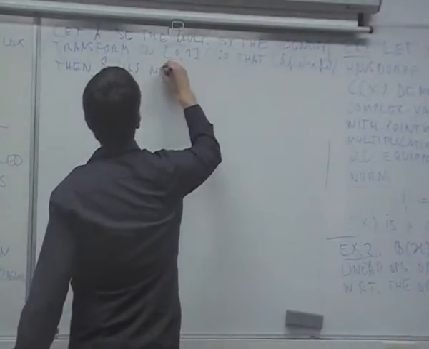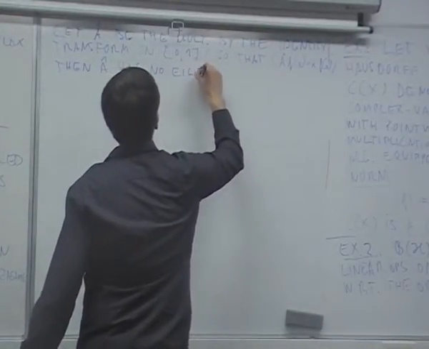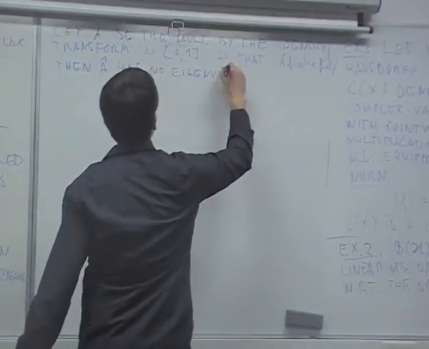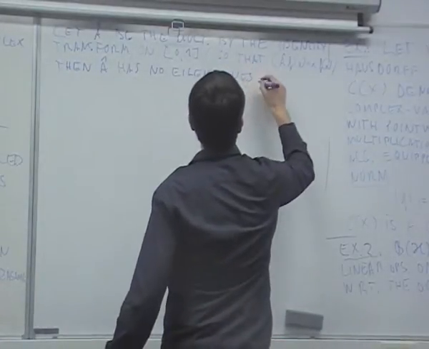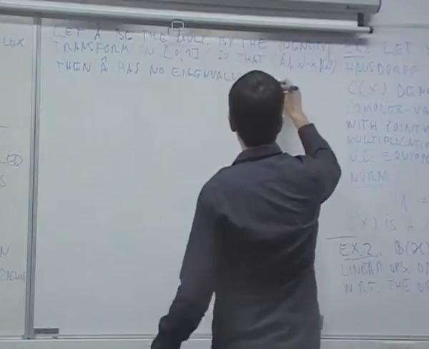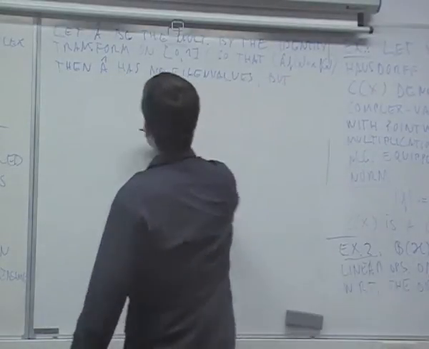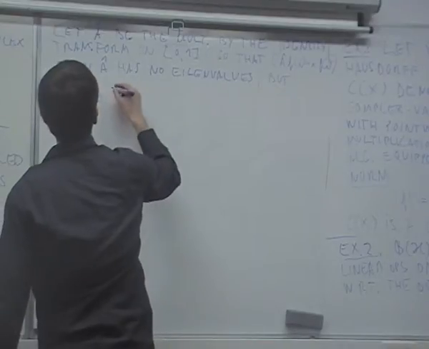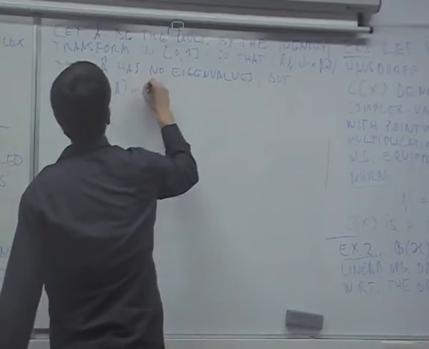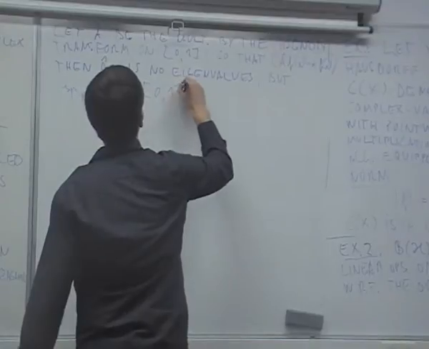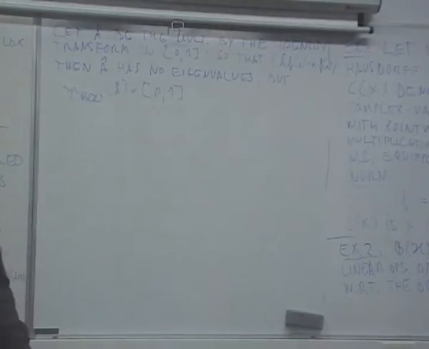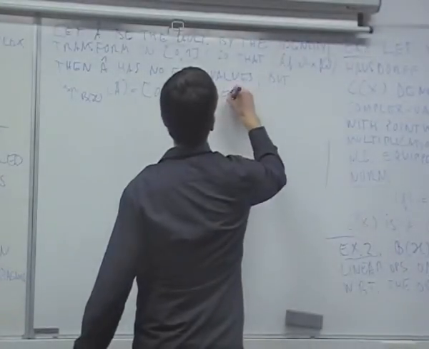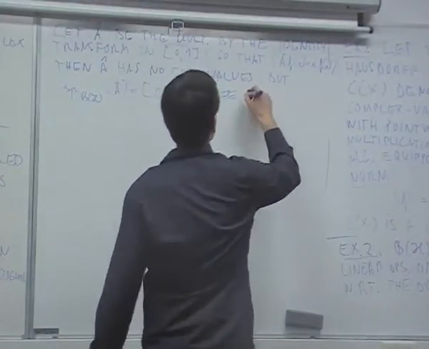Okay, so this is our operator, and the statement that I already made is then that A has no eigenvalues, but spectrum, so let's be careful, what you know is the H here. The spectrum of A is the whole unit interval. And this can be found in Kadison-Ringrose. I will not have the time to present this.